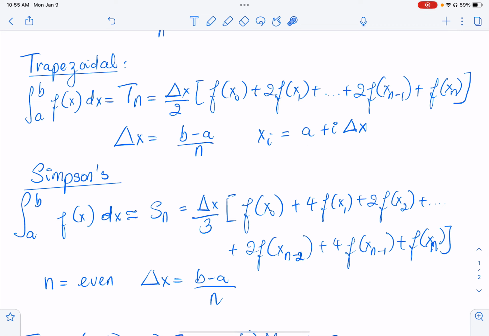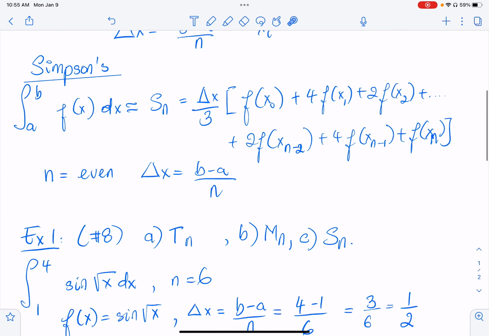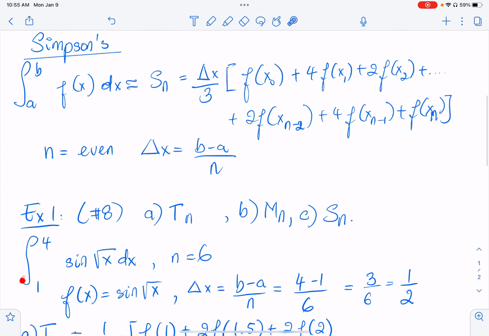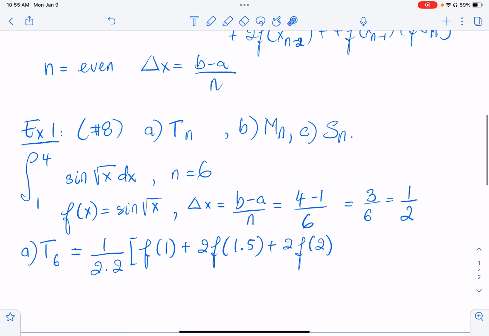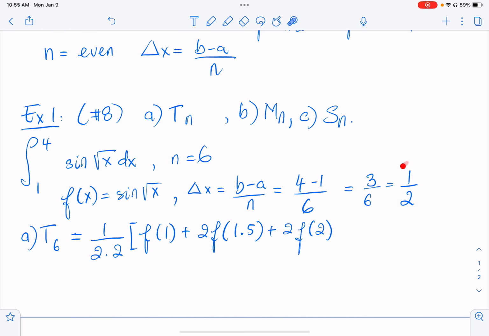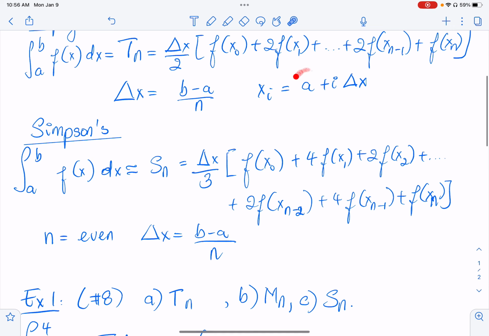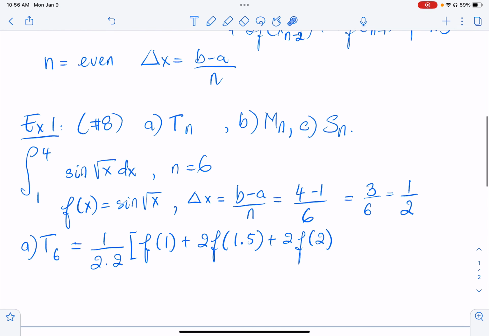So a in our case is 1. Delta x is 1/2. So that's why we have 1.5 here. So 1 plus 1 times 0.5. So that's why we have 1.5. And we do the same thing for f of 2, f of 3, and so on.